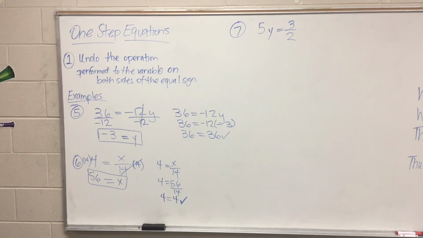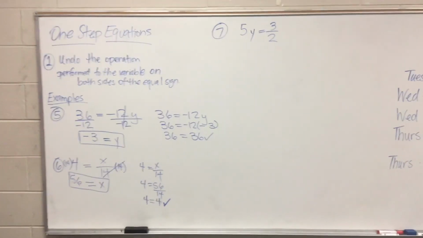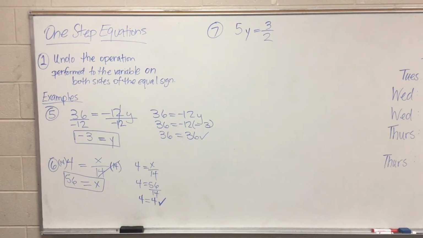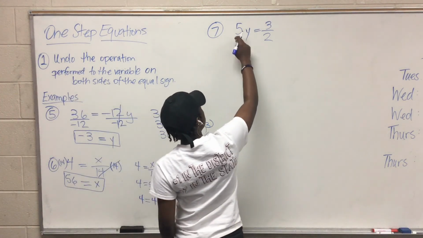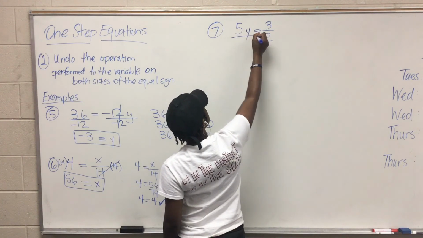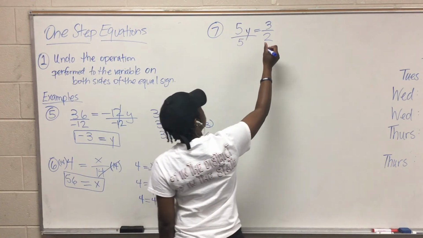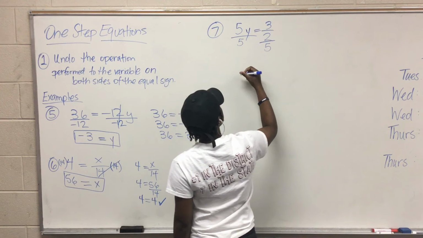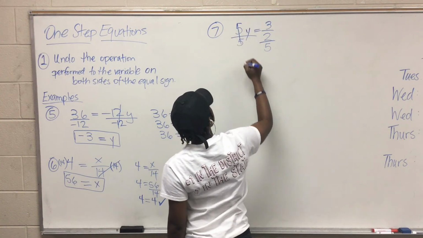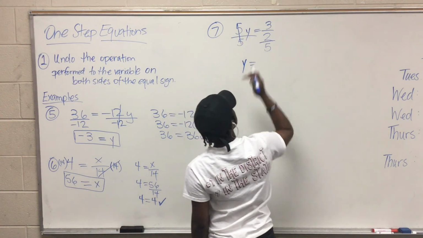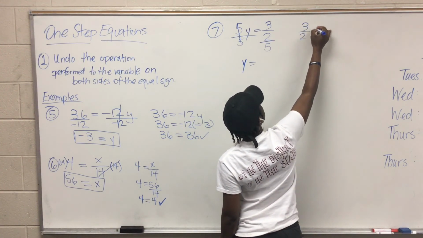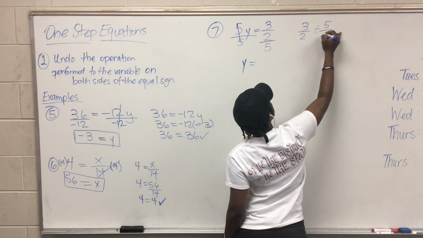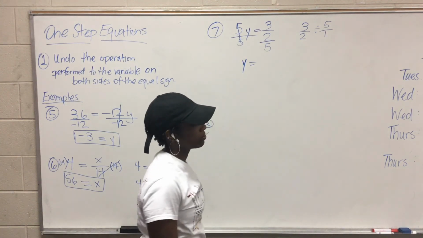All right, lastly is number 7. So we have 5y equals 3 over 2. What is happening to y? It is being multiplied by 5, so I need to do the opposite and divide by 5 on both sides. This cancels out, so y equals 3 over 2 divided by 5, and we know we have to put that whole number over 1.